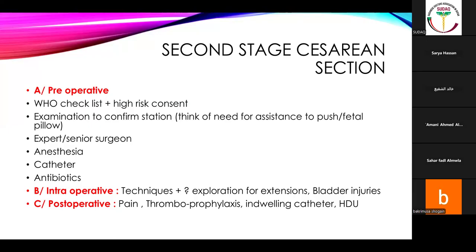And the skeleton will be: preoperative preparation and management, intraoperative techniques that might reduce the incidence of complications and maternal and fetal morbidity and mortality as well, and the postoperative follow-up and intervention that might decrease as well the complications and the morbidity.